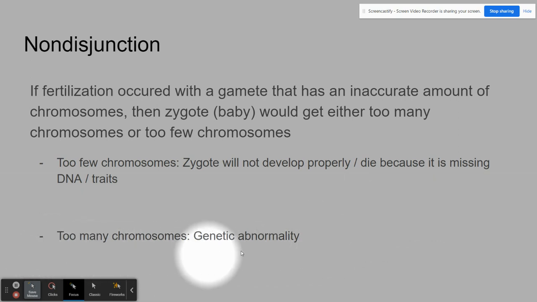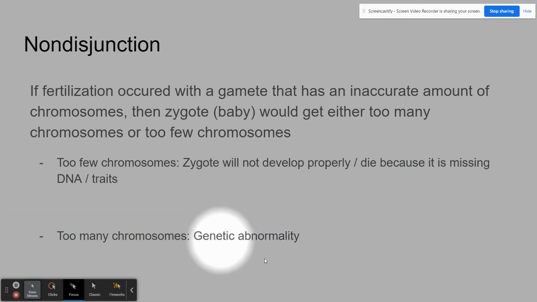If you have too many chromosomes, that's where you're going to get a genetic abnormality. So that's going to be like Down syndrome, which a lot of us were talking about in prior class periods. So what you guys are going to be looking at today are two things.